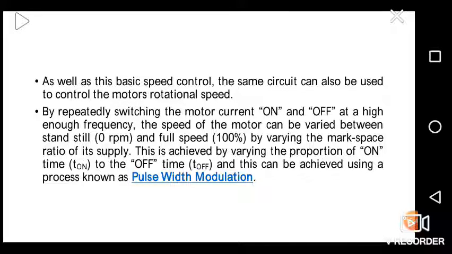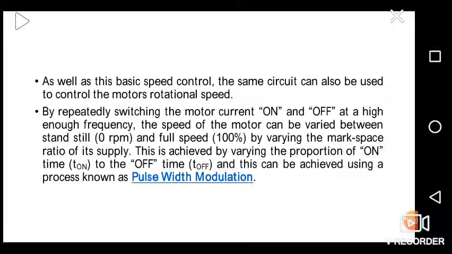As well as this basic speed control, some circuits can also control the motor's rotational speed by repeatedly switching the motor current on and off at a high enough frequency.